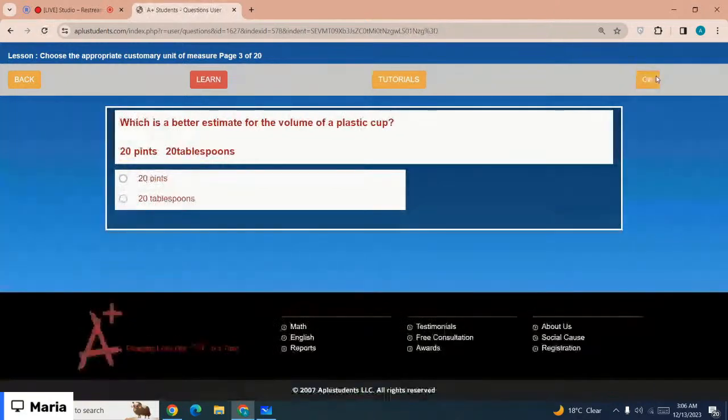Which is a better estimate for the volume of a plastic cup? Is it 20 pints or 20 tablespoons? Which is the correct option?